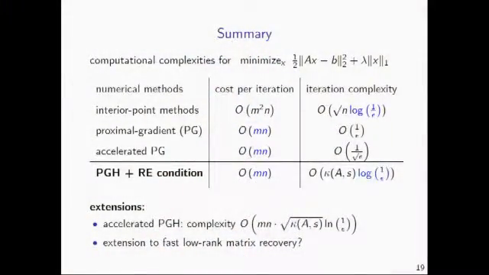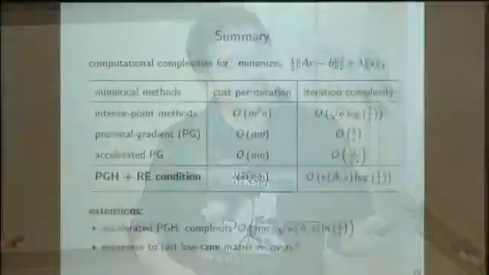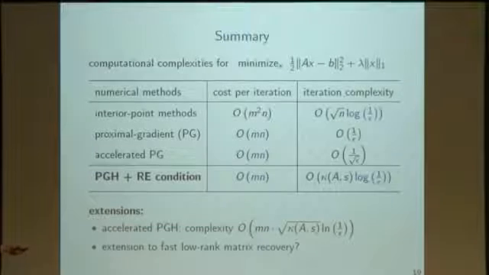And here are some extensions. As we have seen before, using accelerated techniques, it's possible to reduce this to the square root of kappa. We just finished this work with Qihang Lin from CMU this summer, but unfortunately we have a hidden log factor there, the log of the condition number.